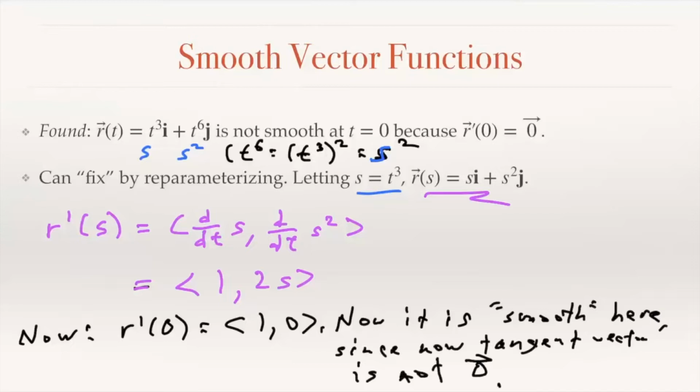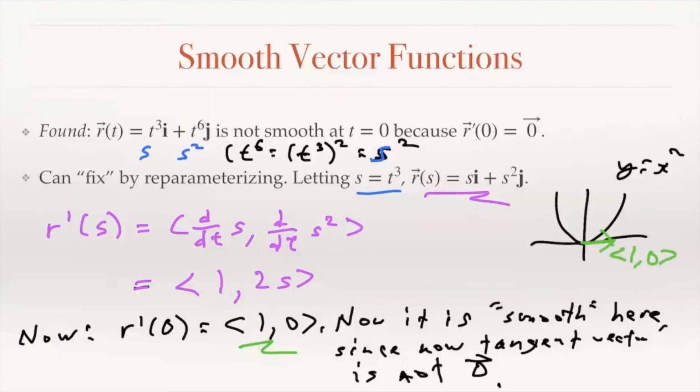And indeed, this vector here, let's go back to our graph of the parabola. That's our y equals x squared. 1 comma 0 looks like that, and that is indeed a tangent vector right there. X coordinate, y coordinate.